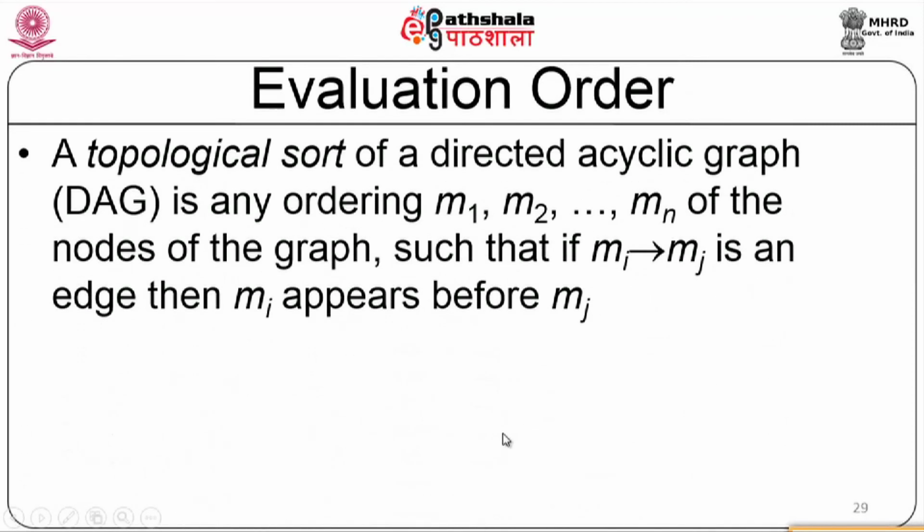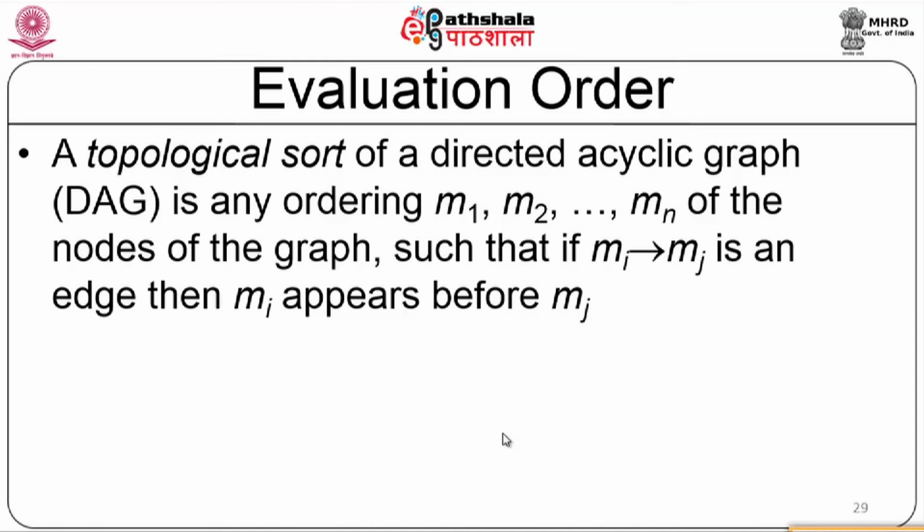And after constructing the dependence graph, what is my order of evaluation? How do I evaluate the dependence graph? That is basically done by what is called a topological sort. A topological sort is a sorting algorithm where the sorting is not done based on non-increasing or non-decreasing order of inputs.